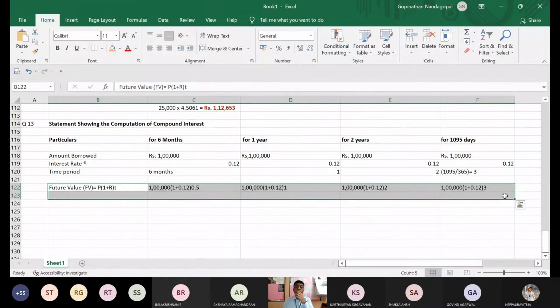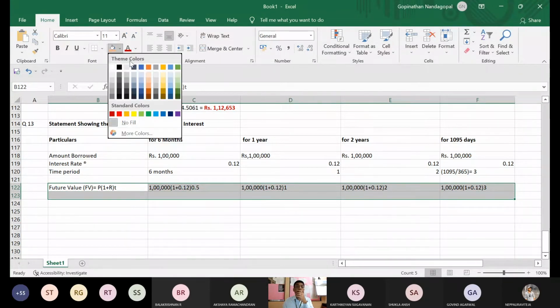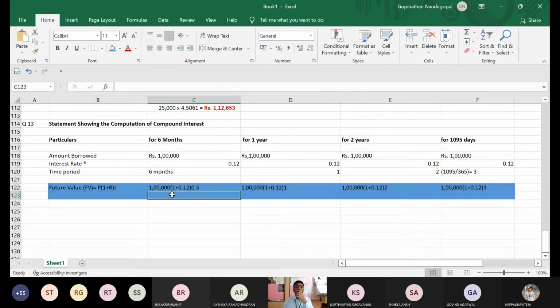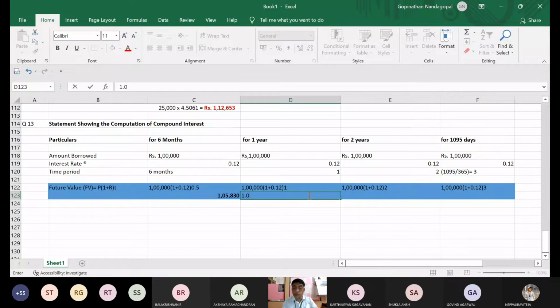1,05,830 is the first one. 1 minute. How much? 1,05,830. Yeah, next one. 1,12,000. Depends upon the form. 1,12,000.